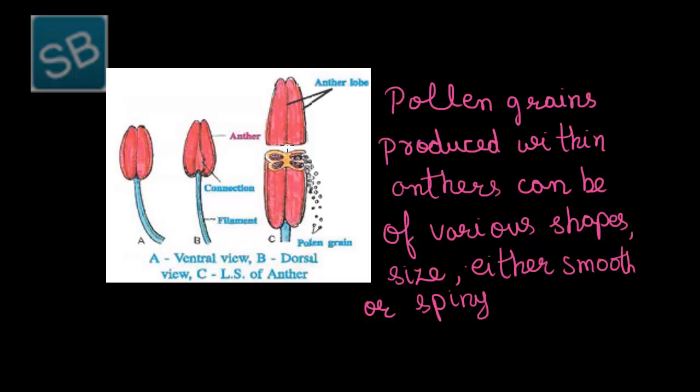These anthers dehisce or get separated in various ways, out of which pollen grains are separated. Now as it can be seen from the figure, a mature anther is a hollow, bilobed and sac-like structure.